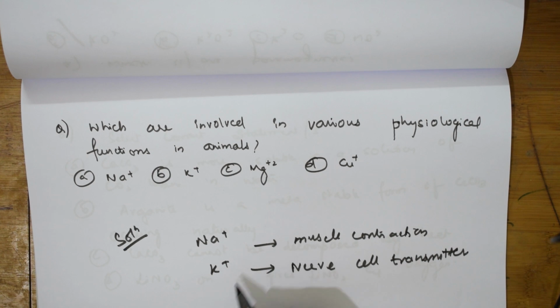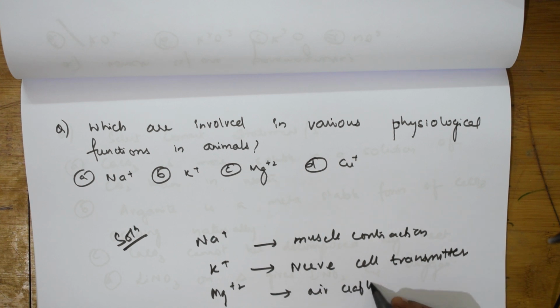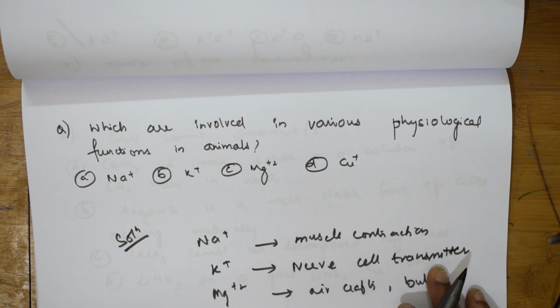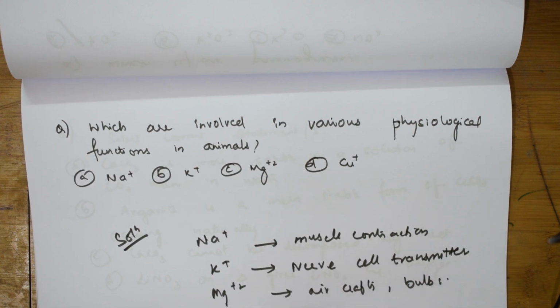Correct. When I speak about magnesium, Mg plus 2, it is used in aircraft, bulbs, flash, different metal alloys, so write that, aircraft, bulbs. Now Cu plus is used in making alloys.